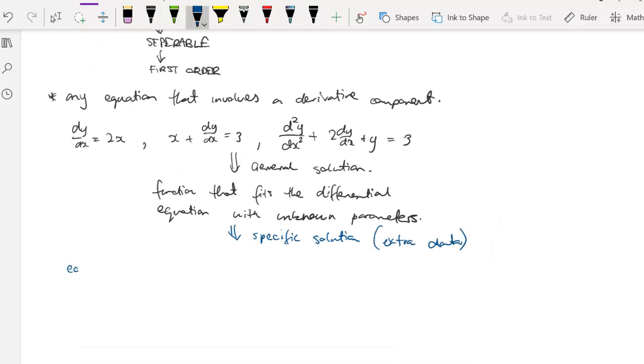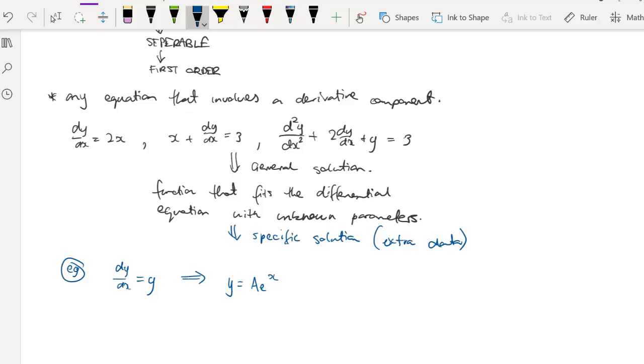A nice easy example could be that we have the differential equation dy/dx = y. Now the general solution of this particular differential, and we'll learn how to do this later, would be that y = ae^x.